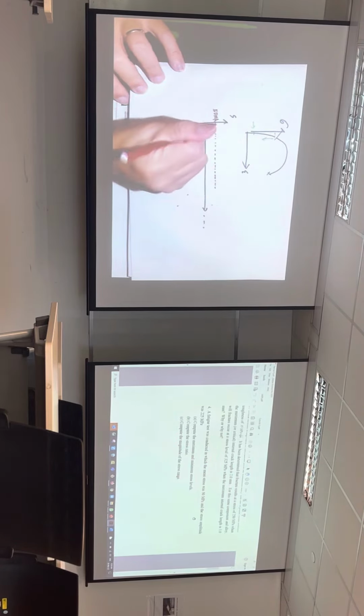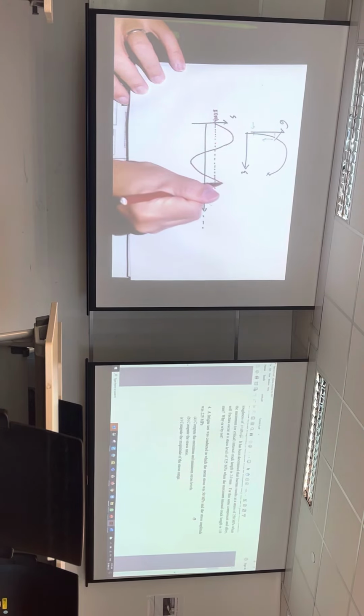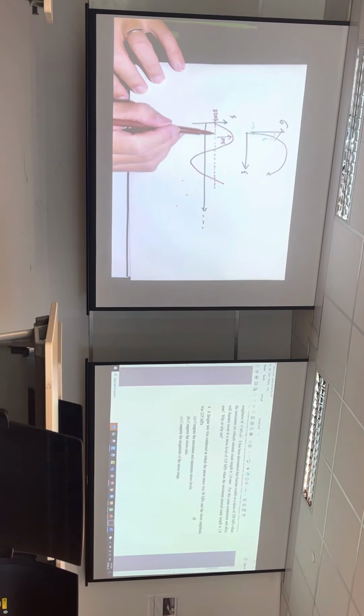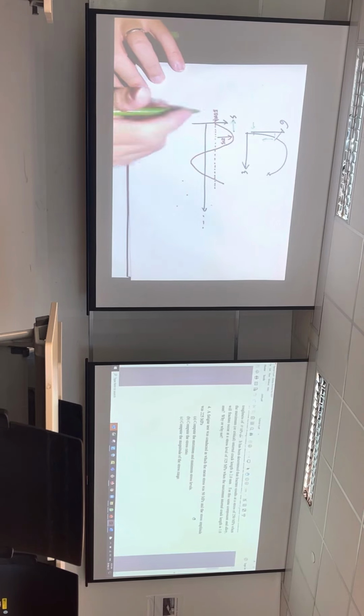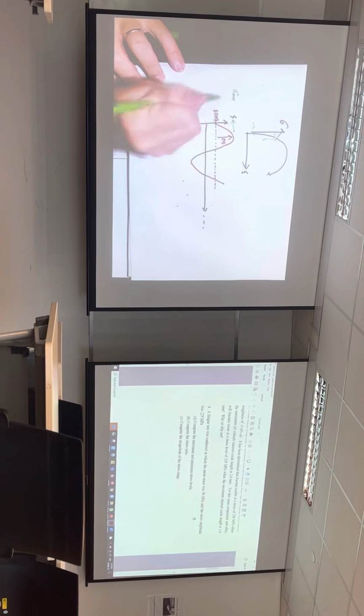If I try to draw a sine wave, from the baseline to the top will be 225. So if this is 225, you will be able to figure out the value: the sigma max will be 275.